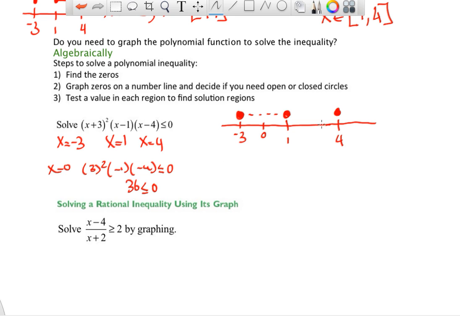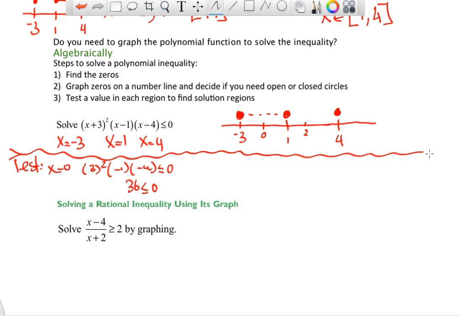So how about between 1 and 4? Let's try, for example, 2. What happens at 2? Sorry, I forgot to mark this as testing. So again, I'm going to test. I'm going to see what happens at 2. When I plug in the 2, I get (2 plus 3) squared, (2 minus 1), and (2 minus 4), and that needs to be less than or equal to 0.